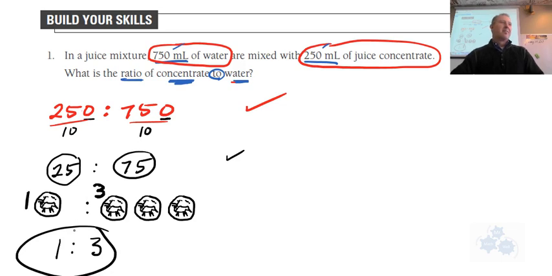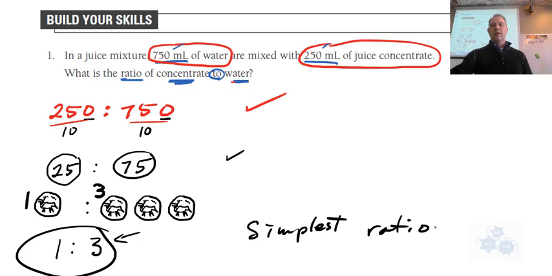So you're right, you could divide both of them by 5 and get it smaller. But you could keep doing that, dividing by different numbers, and this would be the smallest ratio ever. 1 to 3. So all of these would be okay. 1 to 3 would be what's called the simplest ratio.